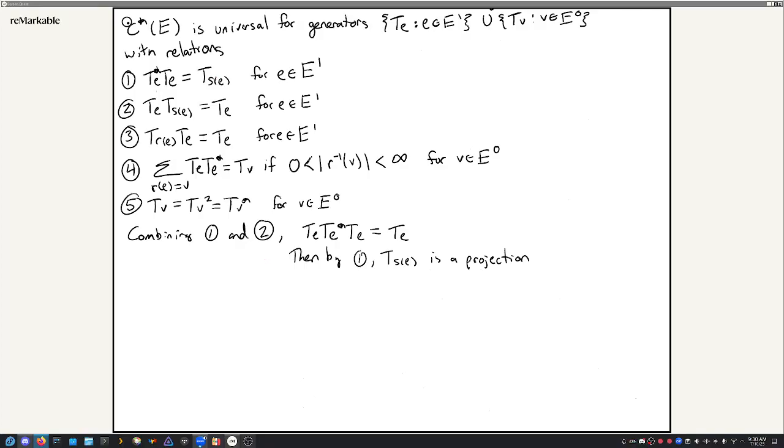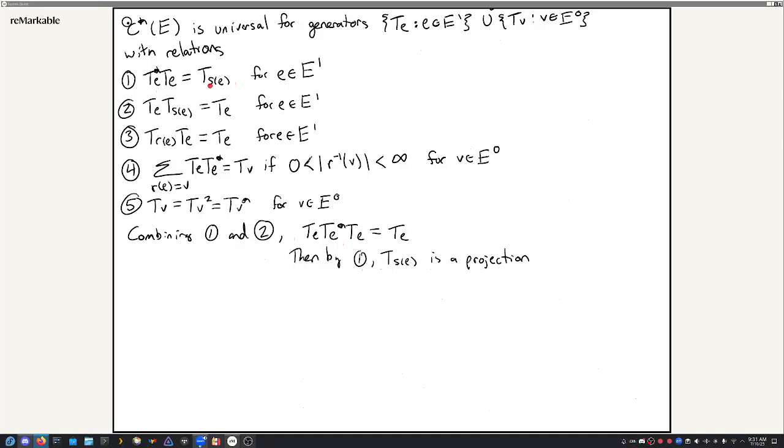But if you didn't have this relation and say every vertex was the source of some edge, then relation 1 would tell you that T sub V is a projection because it's the source projection for the partial isometry T_E. And that was the point I wanted to make.